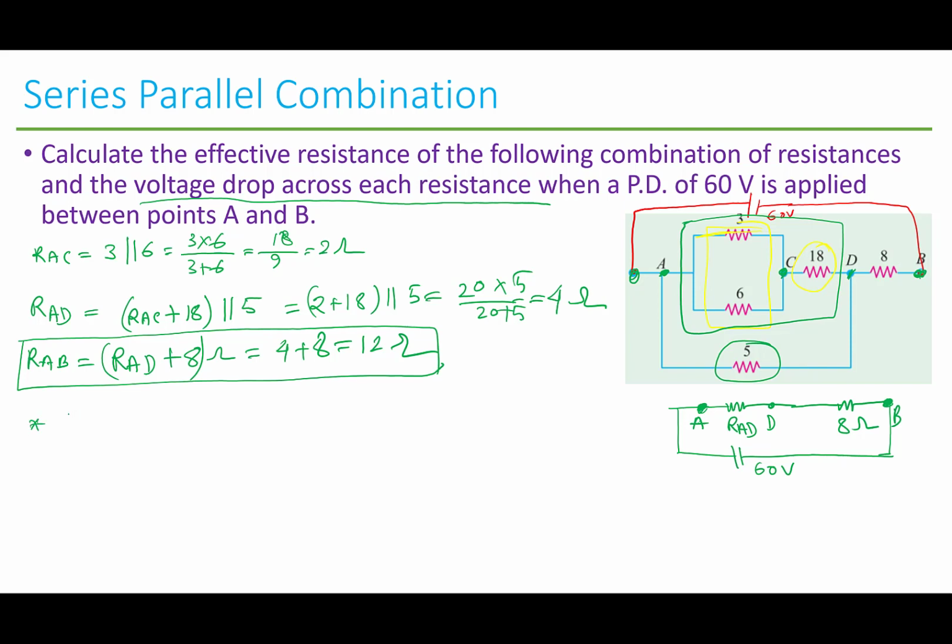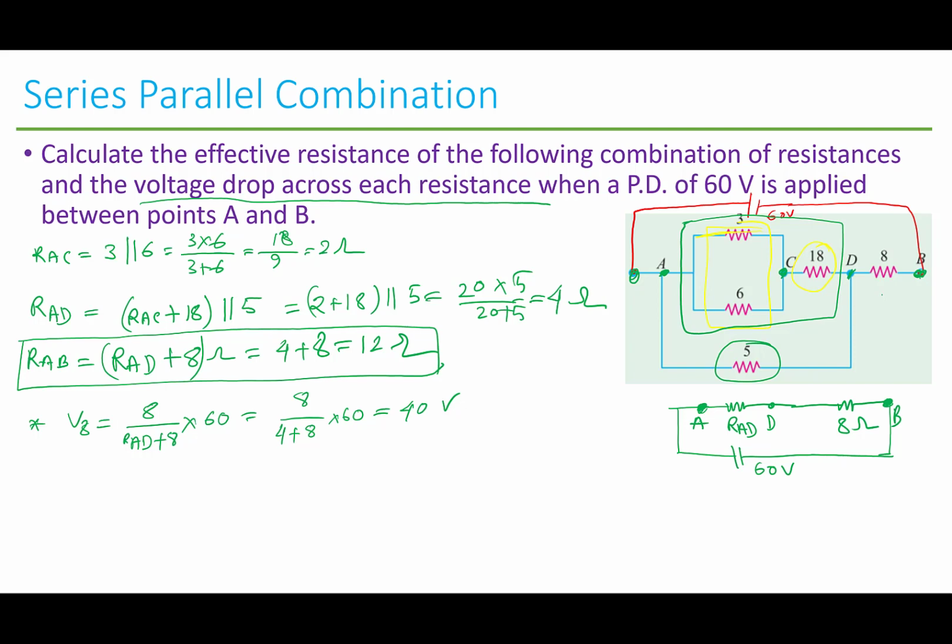To find the voltage across 8 ohm, we term it V8. Using the voltage divider rule, it is the resistance across which we determine the voltage, over the total resistance RAD plus 8, times the voltage applied across those resistors. So 8 over, RAD is 4, so 4 plus 8, times 60, equals 40 volts. 8 plus 4 is 12, 5 times 8, 40 volts.